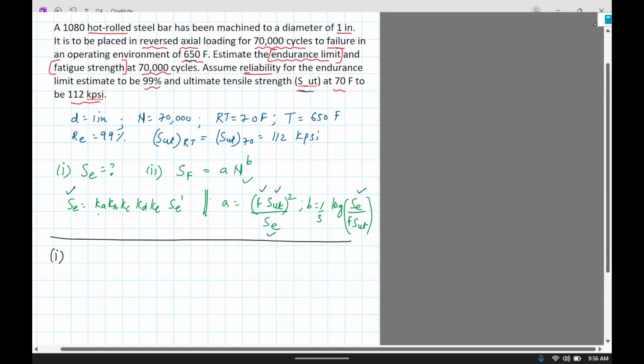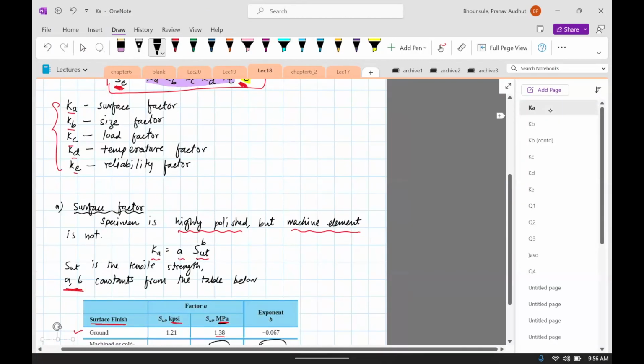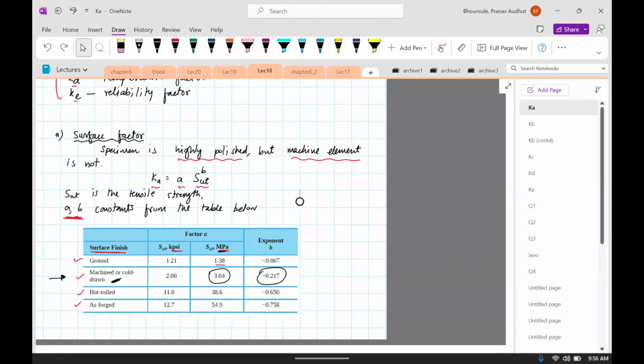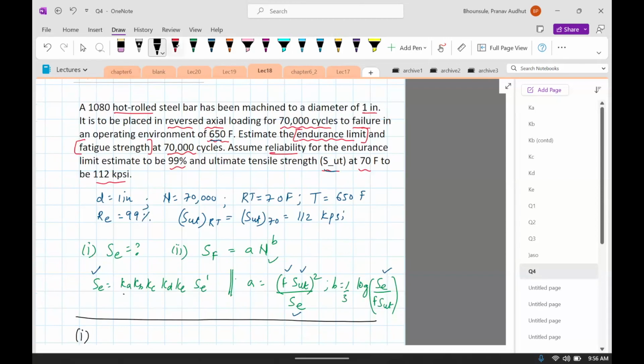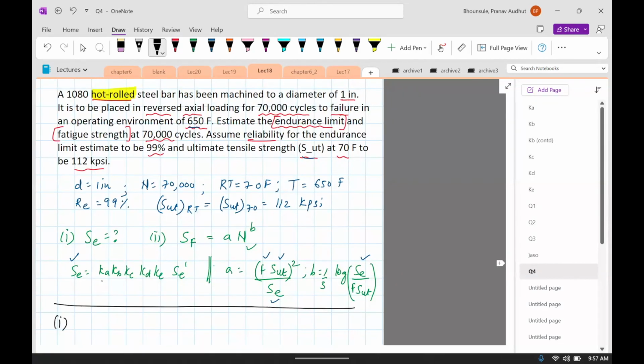Okay, so if you go back to this whole table, Ka is a surface factor. You need to watch out for words like the surface finish. We need to see if any of the words are there. So if you see here, it's actually told that it is hot rolled. So hot rolled is the keyword. So is there a factor for hot rolled? We go here, we see that hot rolled has a factor A and a B. We are dealing with kPsi.